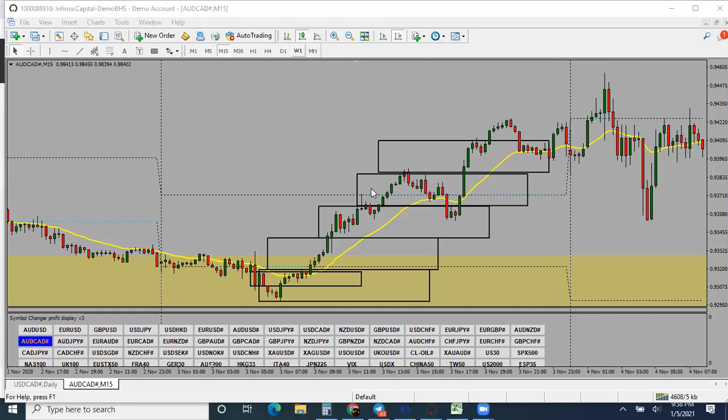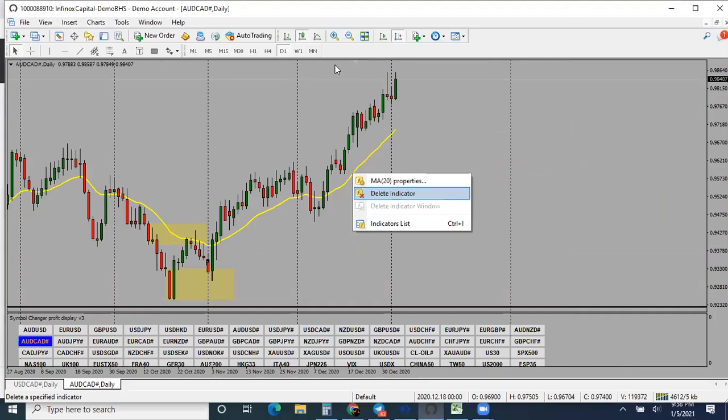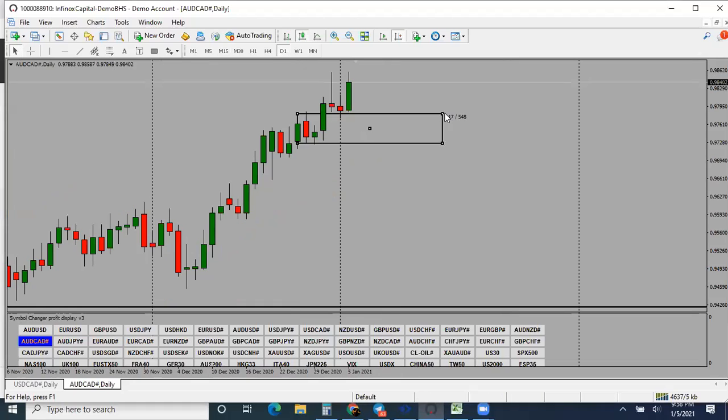All you want to do is, at the end of New York, you check: do I have another block here? Yes, I do have another block. This was a bullish candle, bearish candle, violated by this bullish candle here.